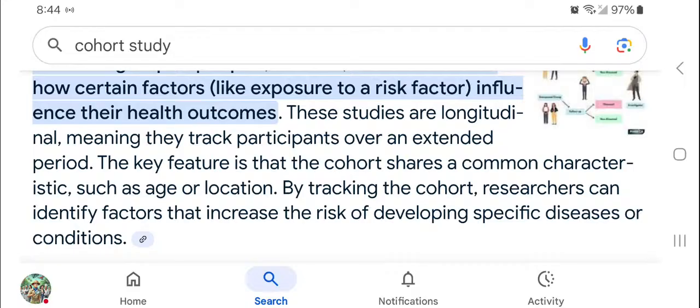Like we mentioned earlier, I try to match the two groups by age, career, and location, where they live, where they work, etc. By tracking the cohort, researchers can identify factors that increase the risk of developing a specific disease or condition.